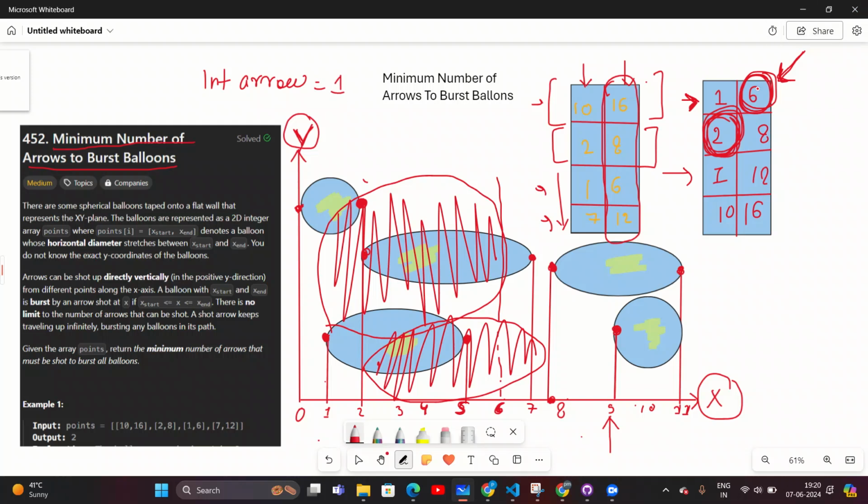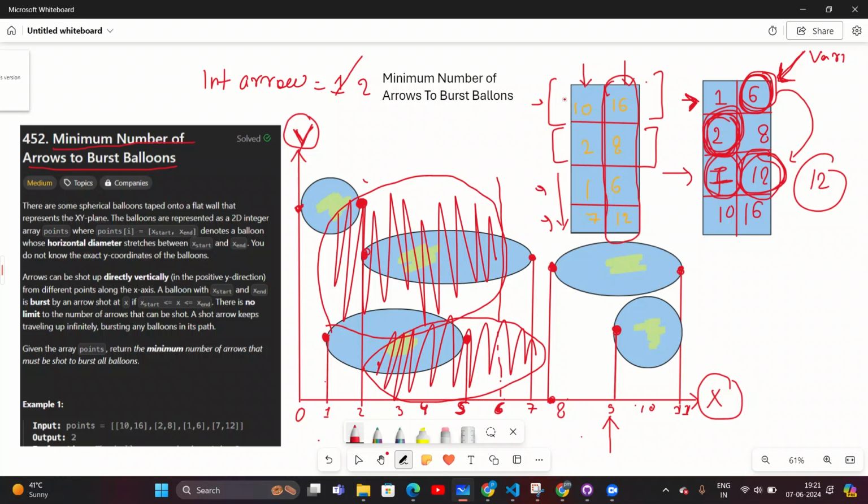Since it is smaller than the ending point of the previous balloon, we are not going to do anything. The first time we encounter a starting coordinate greater than the ending coordinate of the first balloon, we are going to increment our arrow counter, and the variable that we created to store the end point of the first element, we will shift it to the end point of this one, that is 7 comma 12, so it will store 12.